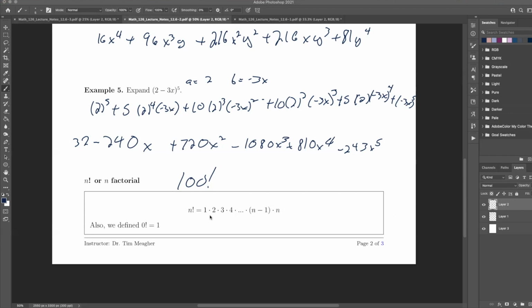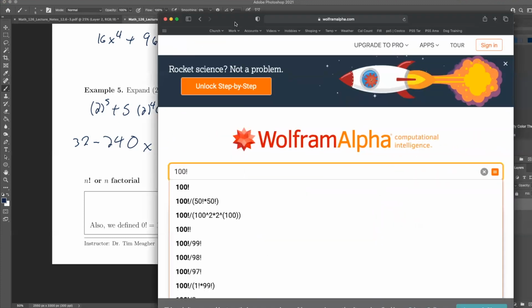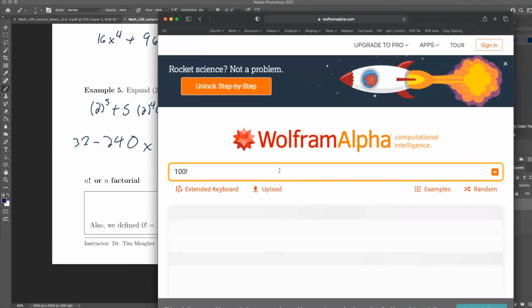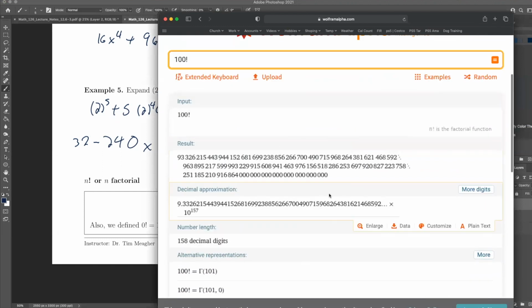So 4 factorial will be 1 times 2 times 3 times 4. But 100 factorial, so when someone's like, I got 100, right? In English that makes a lot of sense. In math, let's just figure out what that number is. Yahoo, that's 100 factorial, right? It's not a small number. It's just not.